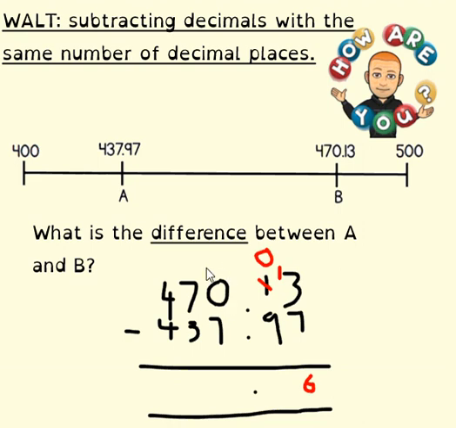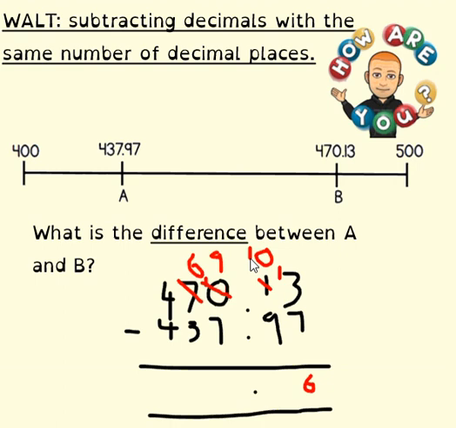I exchange one of my 7 tens for 10 ones, leaving me with 6 tens here and 10 ones here. I can now exchange one of my ones, leaving me with 9 ones, and exchanging 1 one for 10/10ths.